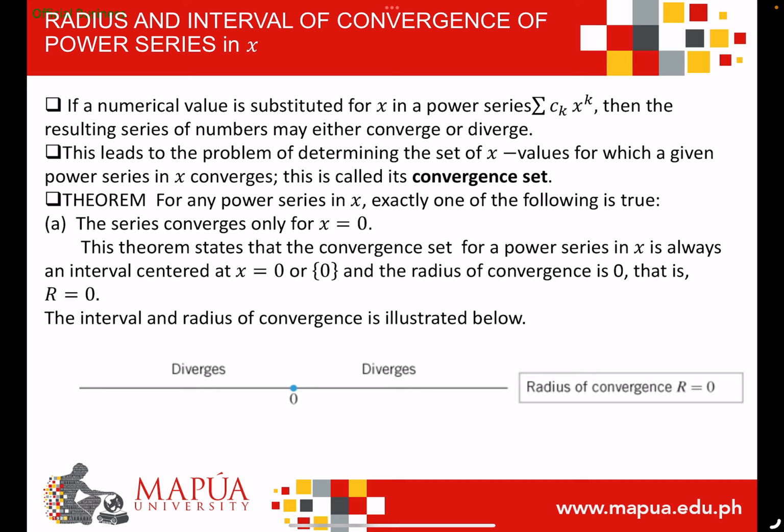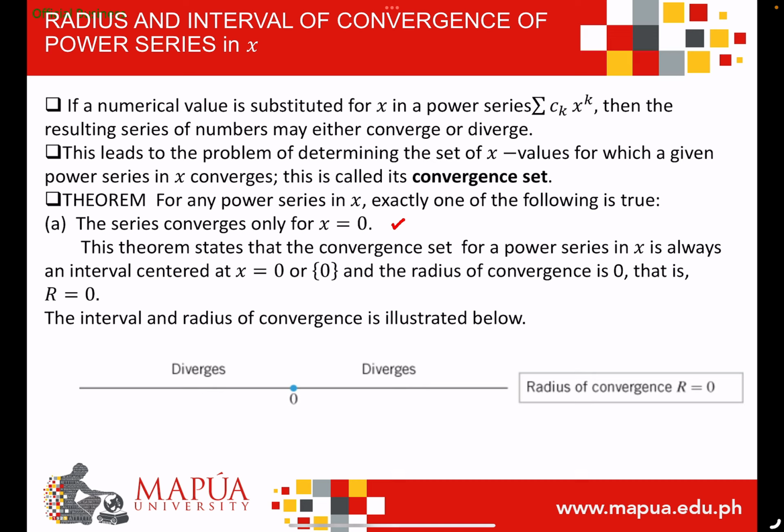For any power series in x, exactly one of the following is true. The series converges only for x equal to 0, or at the center. So one possibility is it only converges at the center.